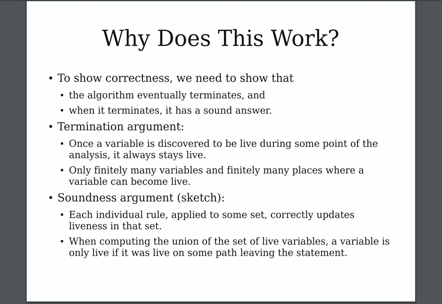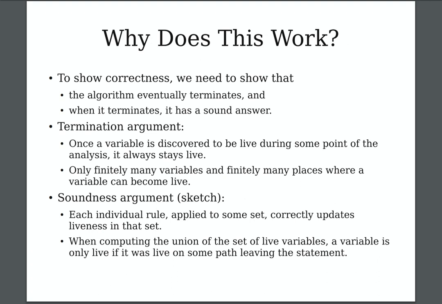They're never removed from the sets. So you'll always reach a point where there are no more changes to our sets because they're finite. Another way to look at this is that you can just assume that all variables are live all the time in the program, and so our data flow analysis won't go farther than just showing, okay, all variables are live at any point in the program.